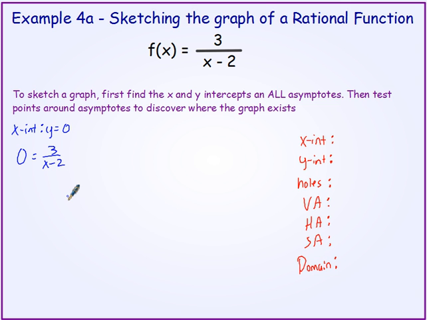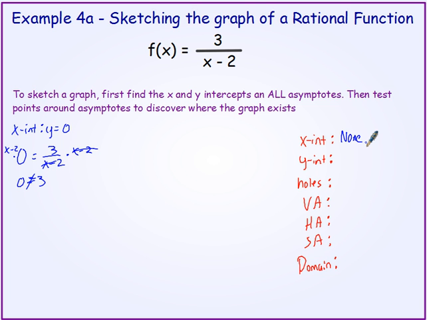So couldn't I multiply both sides by x minus 2? Which will cancel on the right. But actually what happens over here? 0 times anything is what? So actually, there is no x-intercept. Okay? So if I can't find an x, guess what? There is none. There are no x-intercepts.